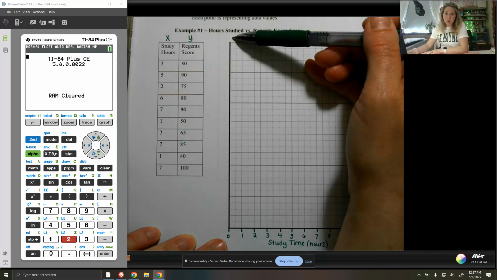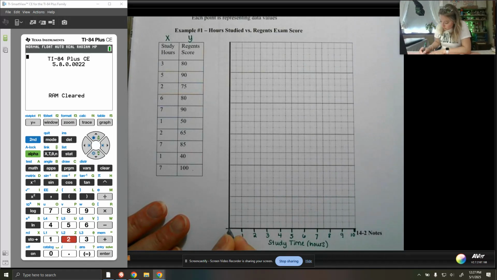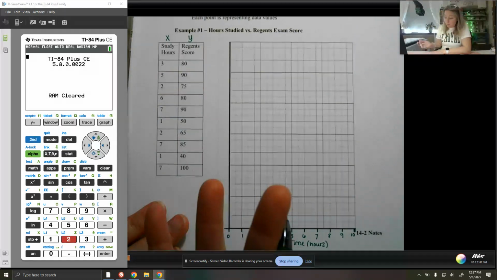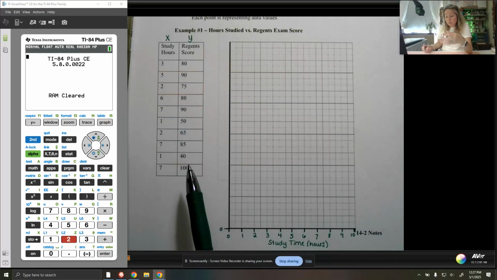It does look like we're going to have to figure out our scale for our Y's. So, of course, this line is your 0 for your Y's. So that's a 0 on the Regents exam, which we don't have in our set of data, but if we had that 0, that's where we need to be starting from because we know that that's the lowest score you can have.